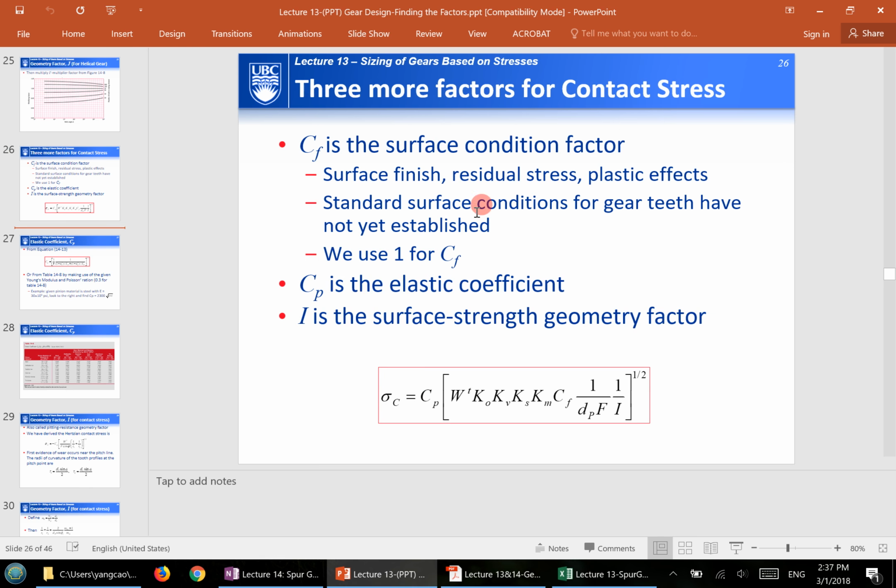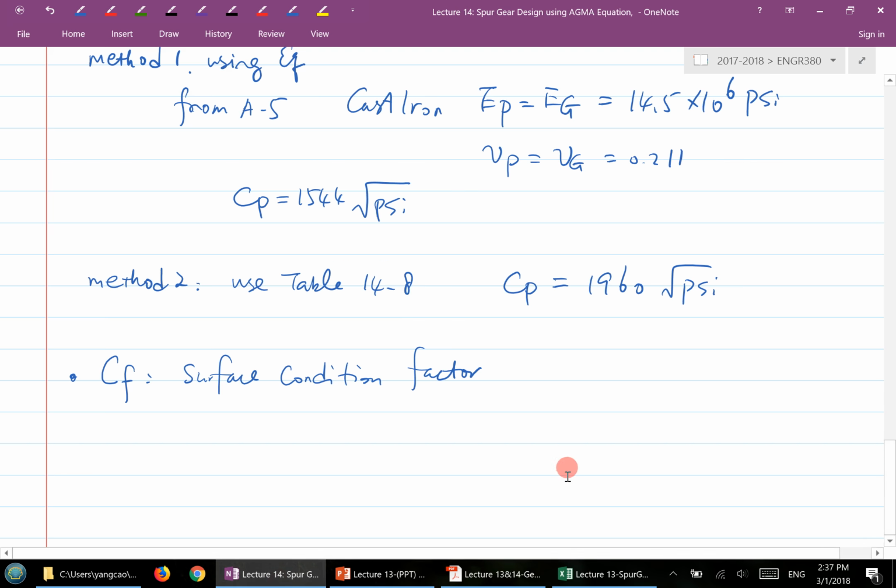For most of our examples or applications, we can consider a standard surface finish, and we'll just use 1 for this factor CF. So we'll consider CF to be 1 for all examples in this class at least.